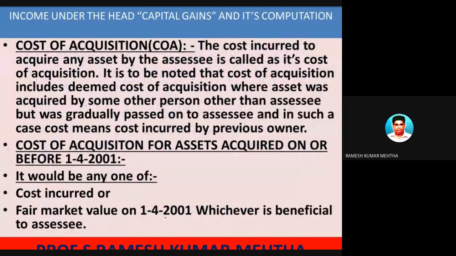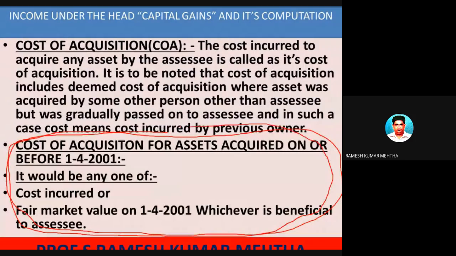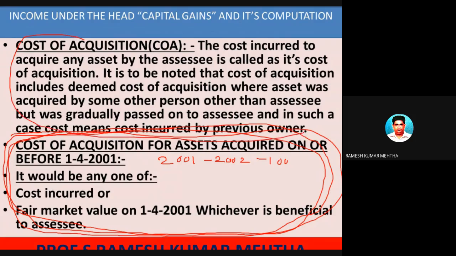This particular part of the discussion is very, very important, because many of the problems will be done on the basis of this concept: cost of acquisition for assets acquired on or before 1/4/2001. As I already told, the indexation will start from 2001-2002, whose base points are 100. Now come to the point, cost of acquisition.